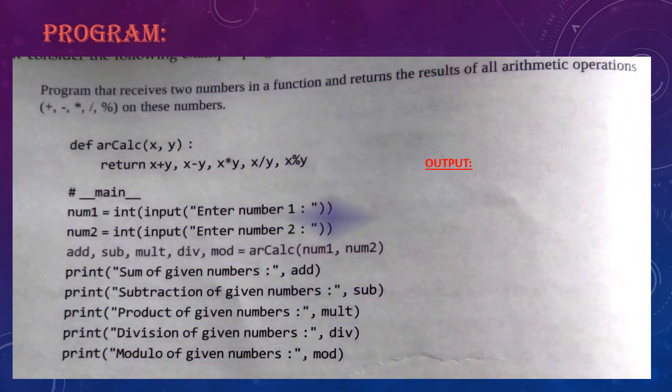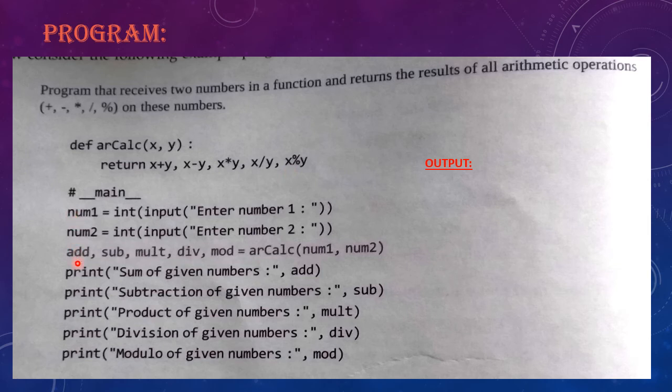So we will discuss one program. Suppose a program receives two numbers in a function and returns the result of all arithmetic operations like plus, minus, multiplication, division and modulus. For this we have defined one function, rcal function, having two parameters, and the body contains the first expression comma second expression, then third expression comma fourth expression and fifth expression.